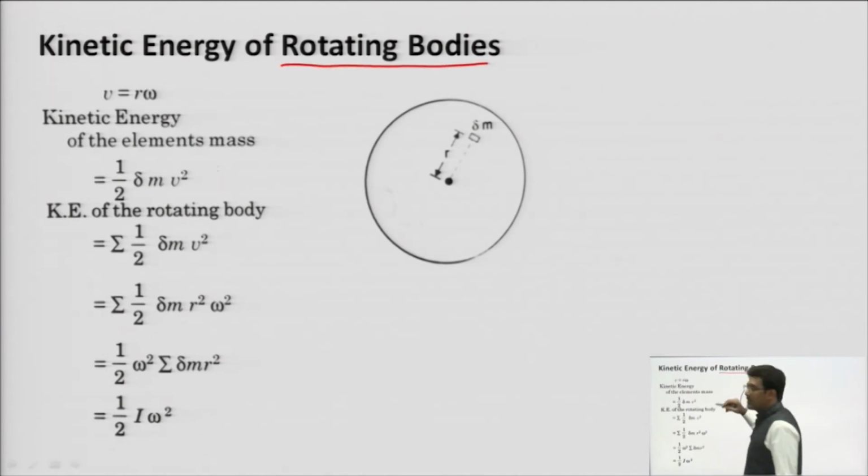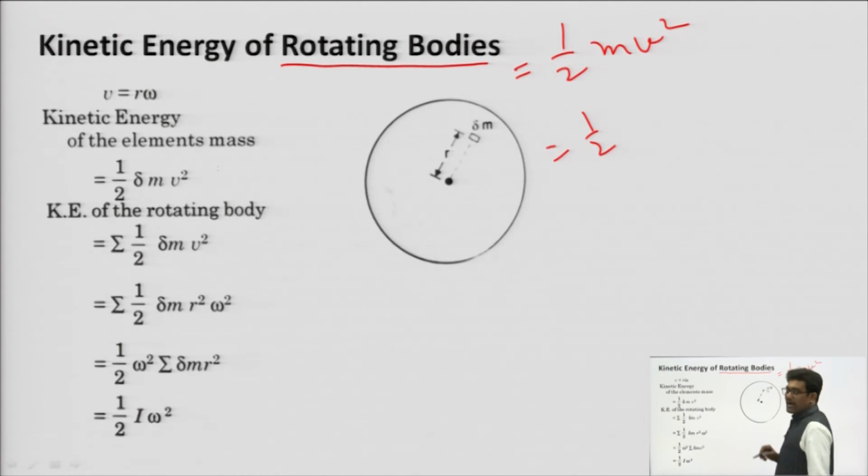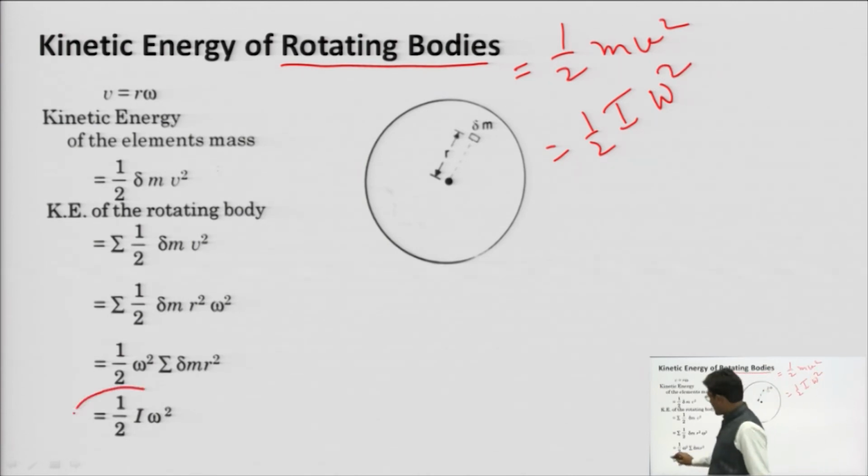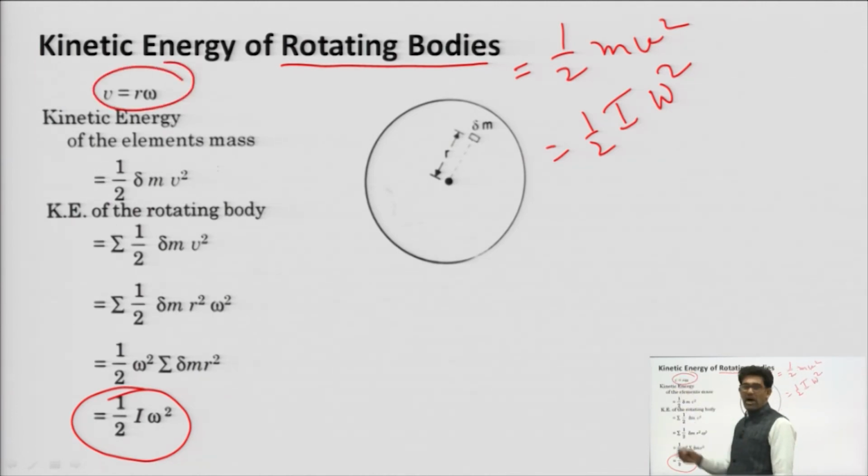In linear motion, we know that the kinetic energy is half m v square. Here it will be half I omega square, using I in place of m and omega in place of v. You can derive it very simply. We know that v is equal to r omega.